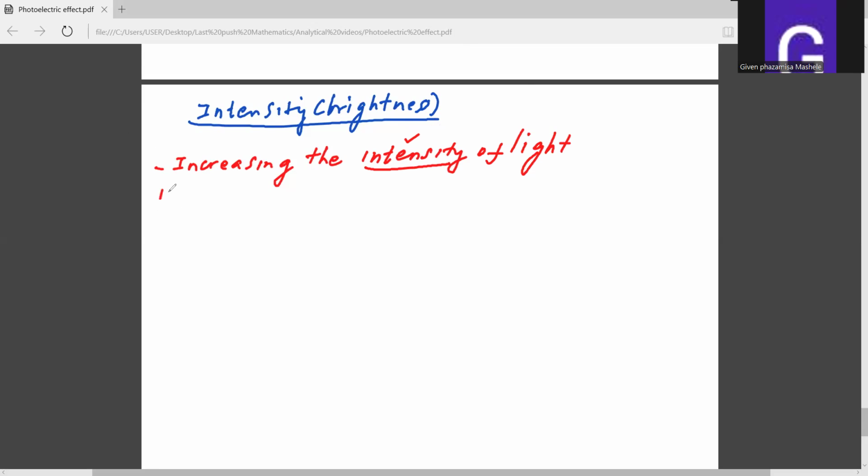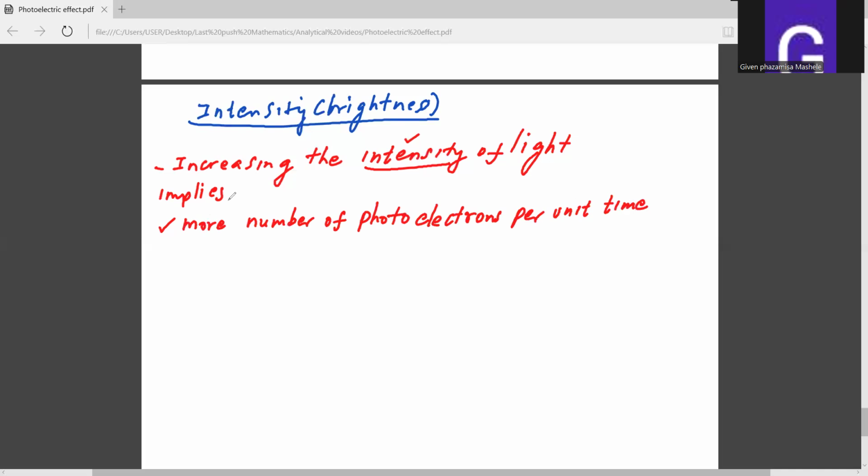This implies, number one, it means more photoelectrons per unit time.